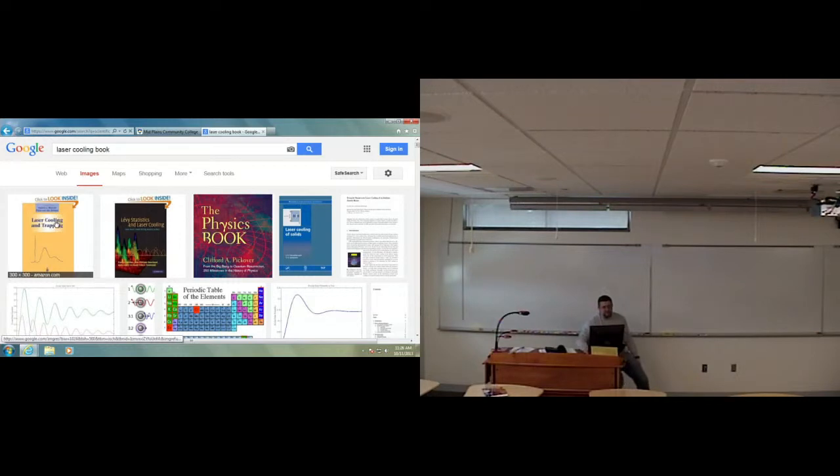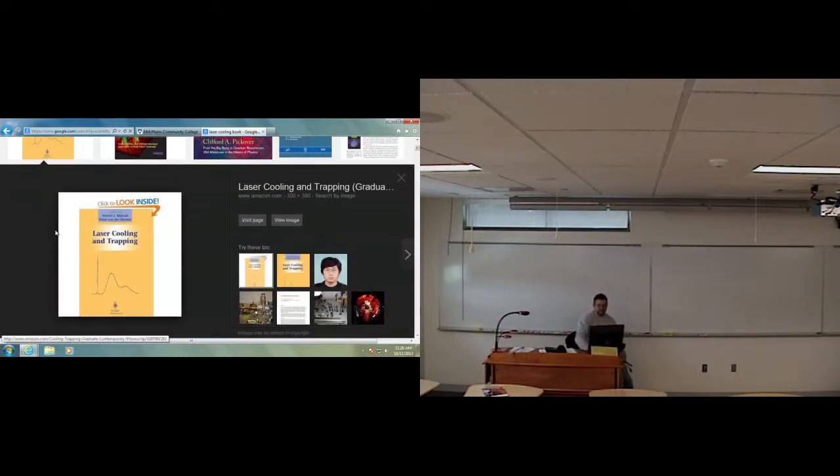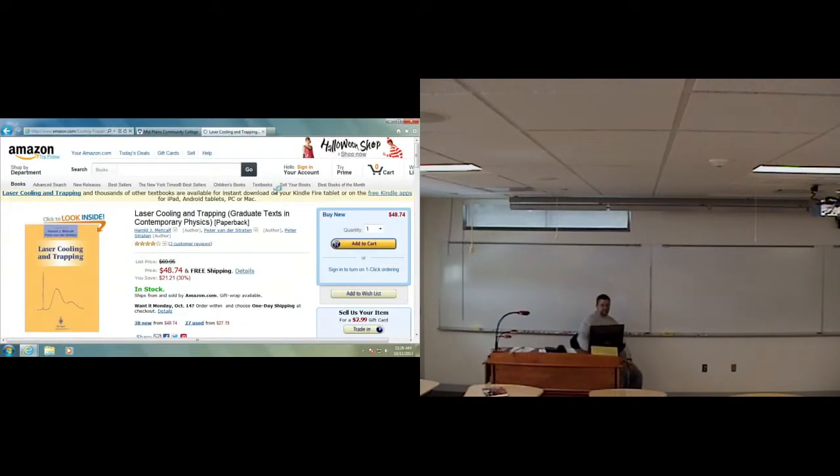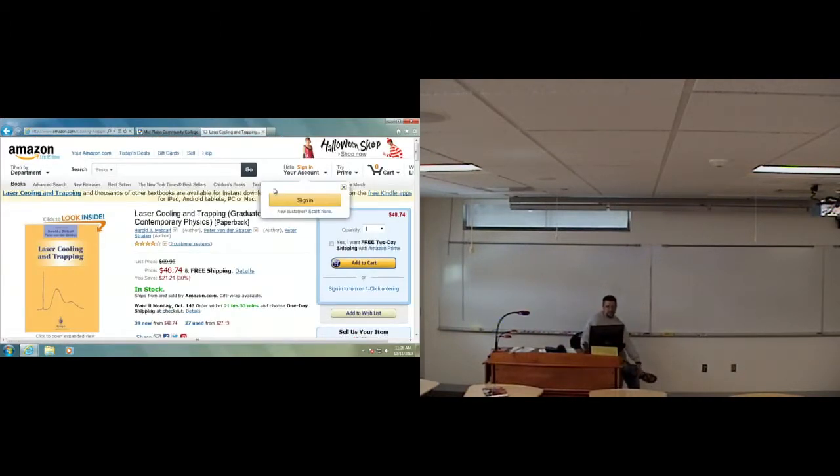This was the first book written on this topic of laser cooling. And it's not really a textbook. It is kind of a textbook, but it's not really a textbook. Really, it's the first comprehensive guide to trapping atoms using lasers.